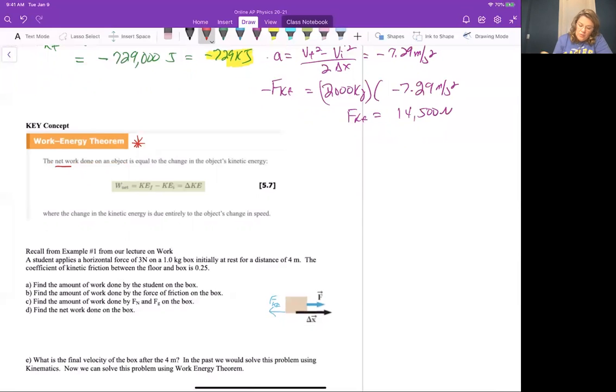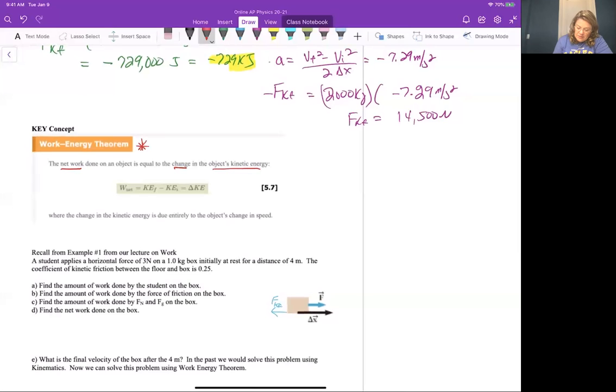The net work, the work done by all the forces added up, done on an object is equal to the change in the object's kinetic energy. And this holds true no matter what, forever and ever, okay? And there's a Flipping Physics video that actually uses calculus to prove this. So the net work is equal to the change in kinetic energy.